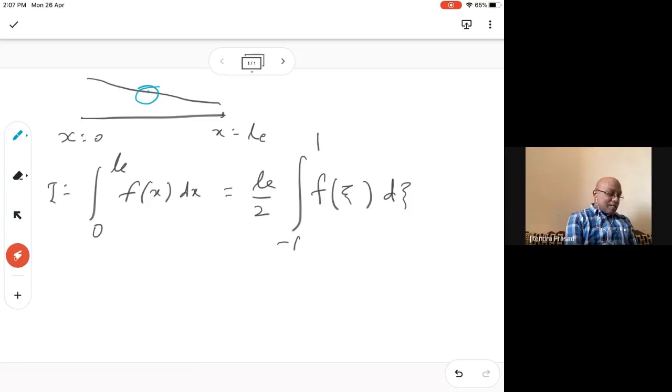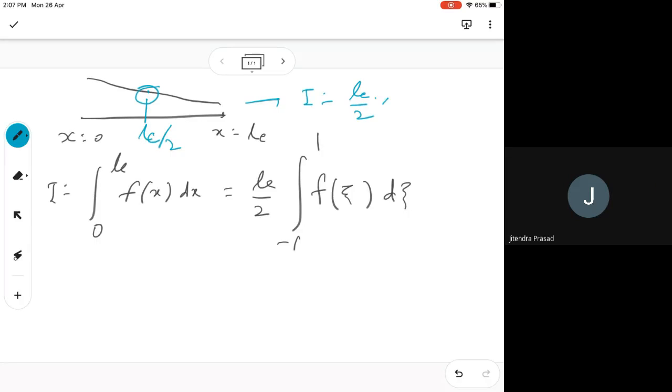In that case, you just take the middle point, right? That's what you do. So in this case, this point is LE over 2, so I equal to LE over 2, and multiplied by LE. That's what I will do, the function at LE over 2.